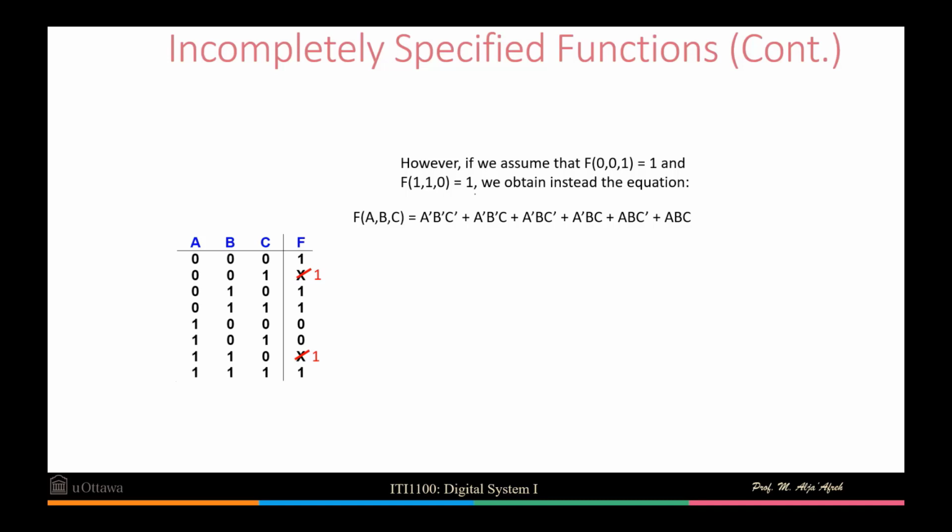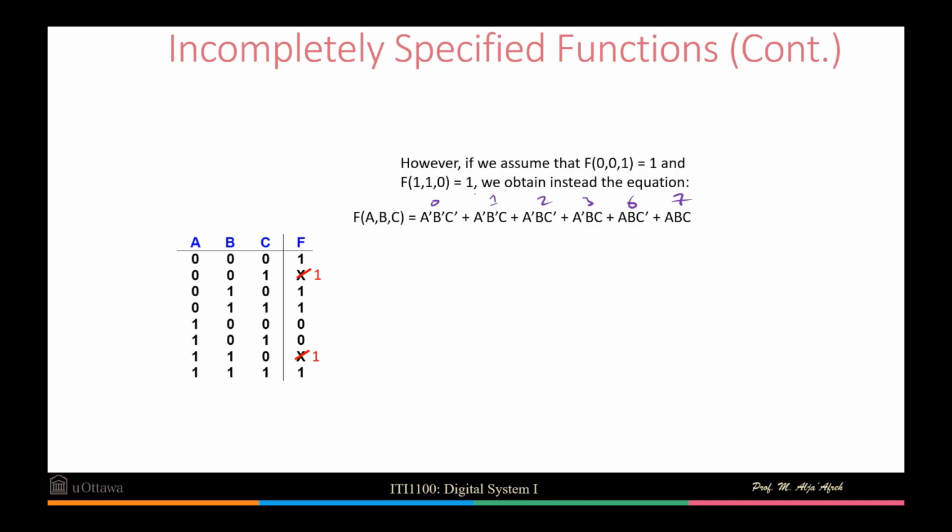Now okay guys, let's see the behavior of the function F if we consider that both inputs 001 and 110 will give me 1. So this function can be rewritten by taking minterm 0, minterm 1, minterm 2, 3, as well as 6 and 7. If we rewrite them, that is A prime, B prime, C prime, and that is A, B, C. Now, how am I going to simplify it?